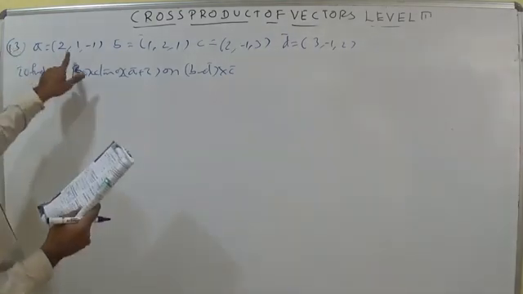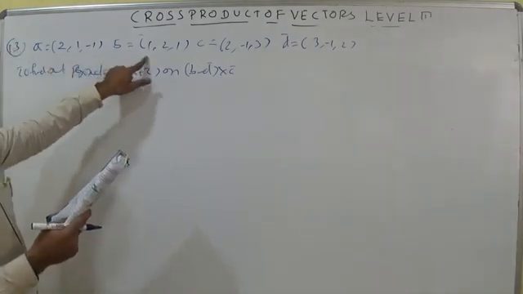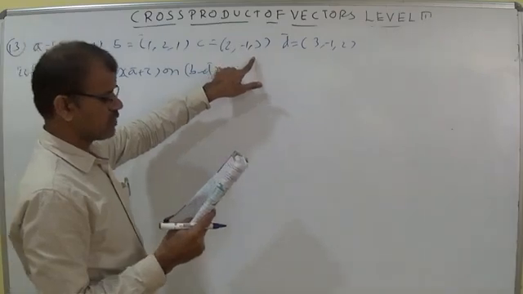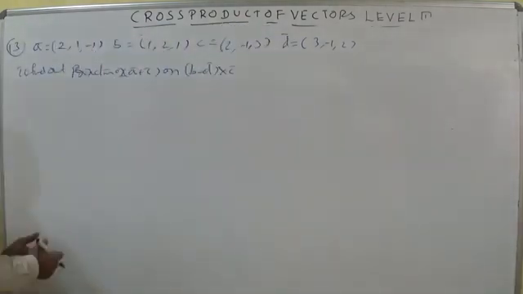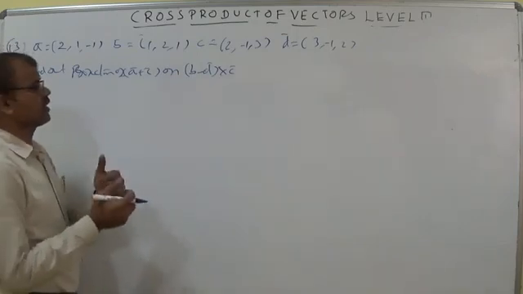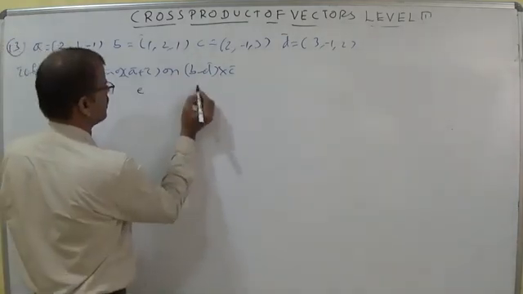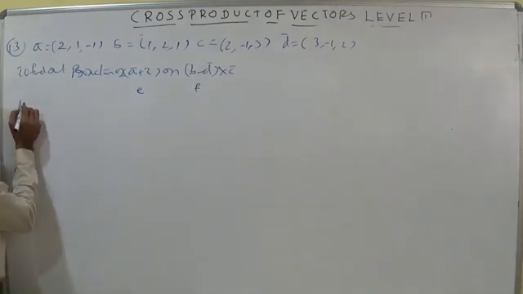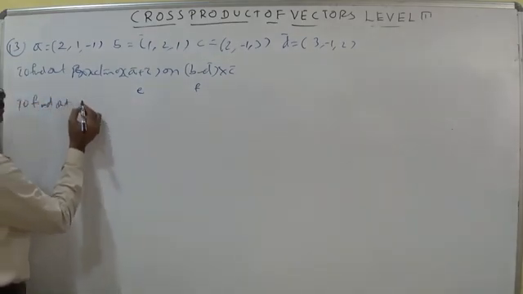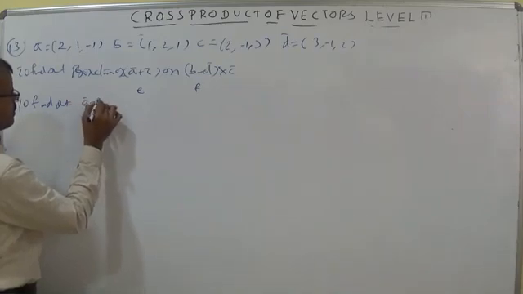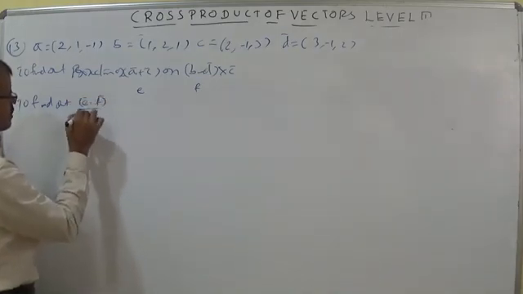Data you write, A is equal to 2 comma 1 comma minus 1, B is equal to 1 comma 2 comma 1, C is equal to 2 comma minus 1 comma 3 and D is equal to 3 comma minus 1 comma 2. There are 4 vectors. You should calculate the projection of first vector on second vector. Let it be E, let it be F. Now to find out, what the value we should calculate is E bar dot F bar by modulus of F bar.